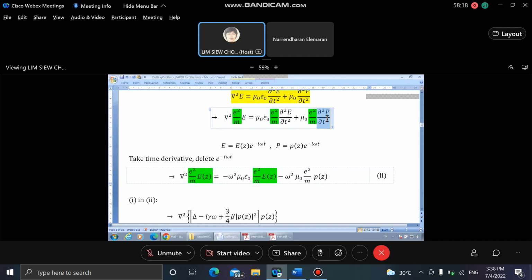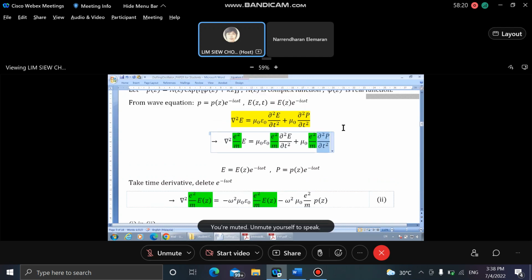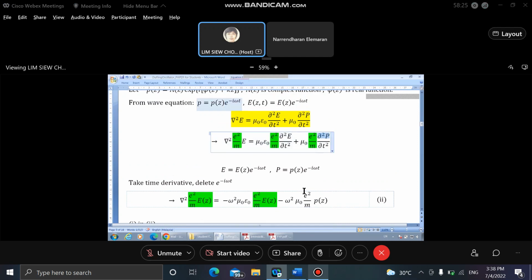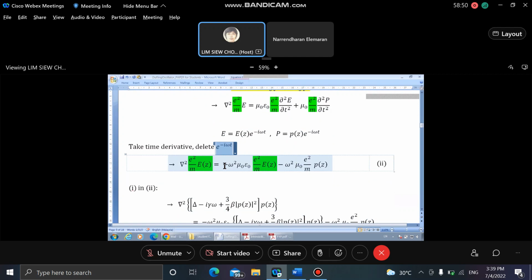This also, this del square P over del T square, the P carries this. So if you take the double time derivative, you have the minus omega square. So if you substitute your E like this into here and into here, you have this time factor. If you substitute this P into here, you also get the time factor exponent. So that's why you delete all the exponent and retain the minus omega square. So you have this result.